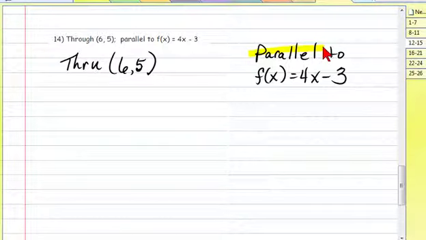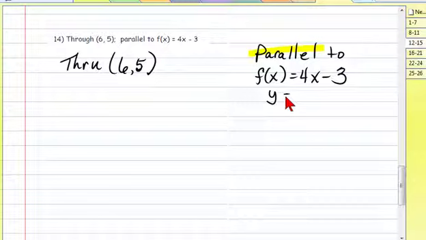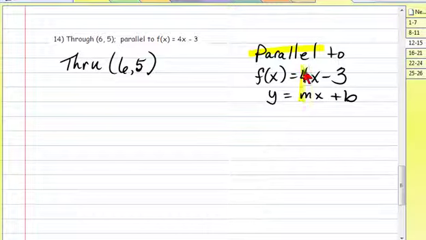When two lines are parallel, what's true about their slopes? They're the same. Okay, can you identify the slope of this given line over here? It's 4, because this is in the form y equals mx plus b, which means that m is 4.